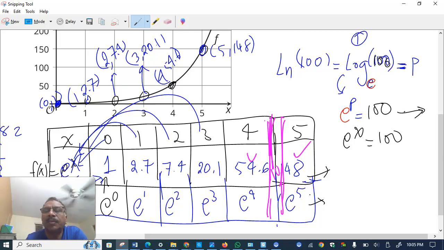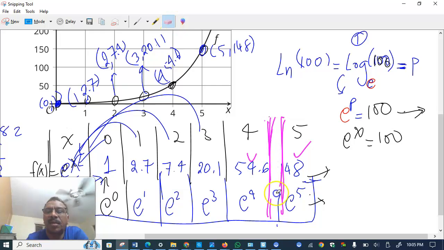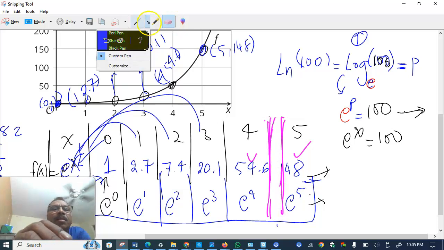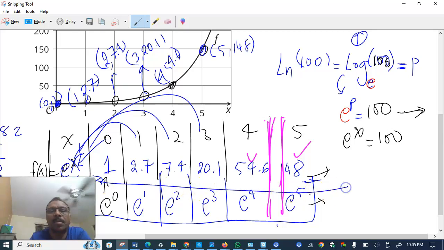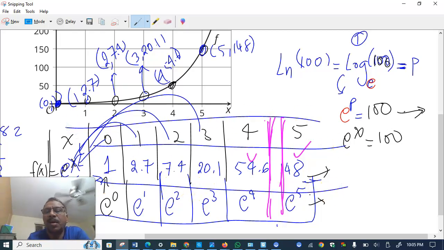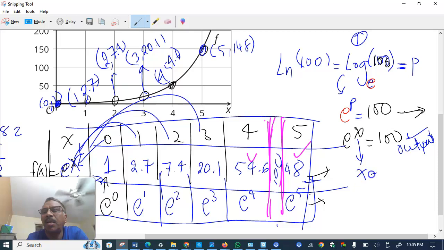So here the output is 100. That's the output, and we want to know for what input. What is this x, so that f of x is 100?